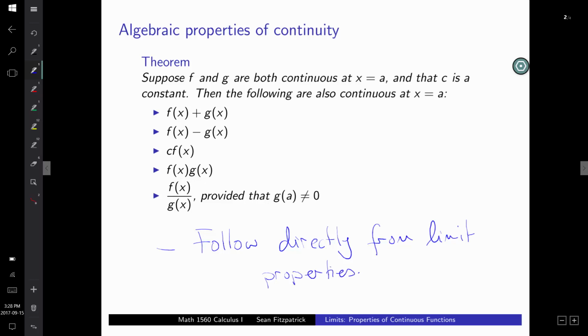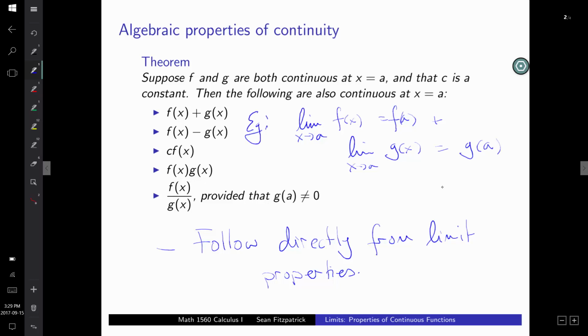Right? Because we know that the limit of a sum is the sum of limits and so on, right? So for example, if we know that the limit as x approaches a of f of x equals f of a, and we know that the limit as x approaches a of g of x equals g of a, right?